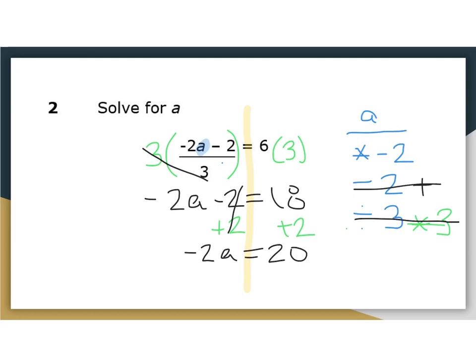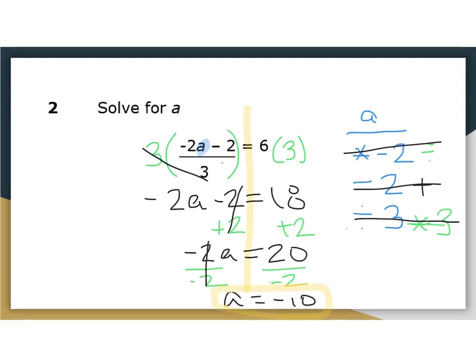Instead of multiplying by a -2, we're going to need to divide. Everything gets divided by a -2. That makes the -2's here cancel out, leaving you with a equals -10. Last step is done.